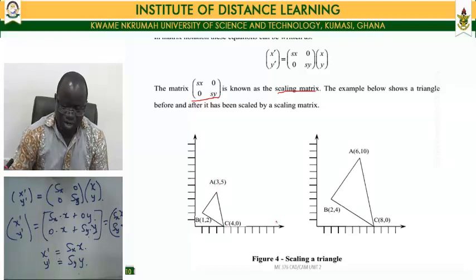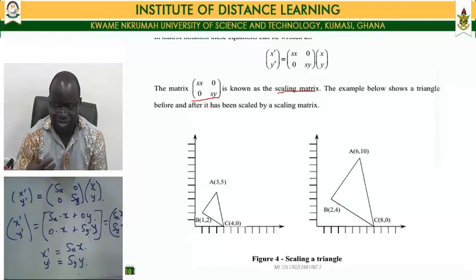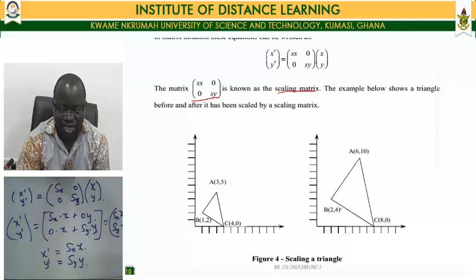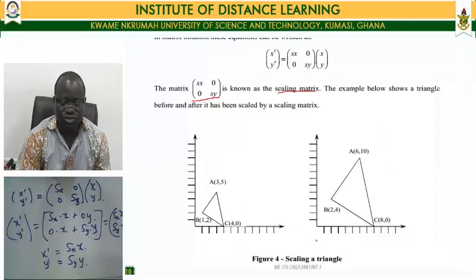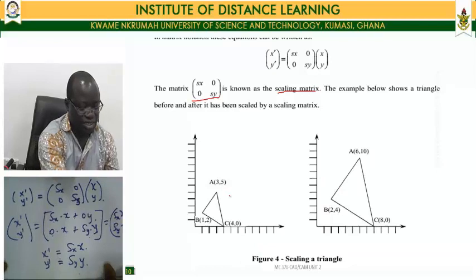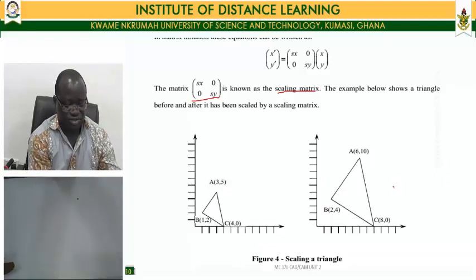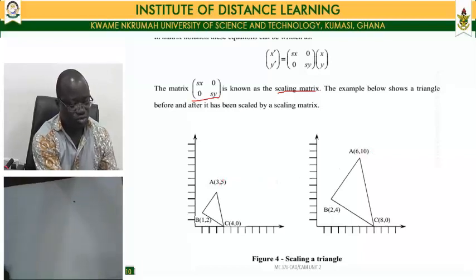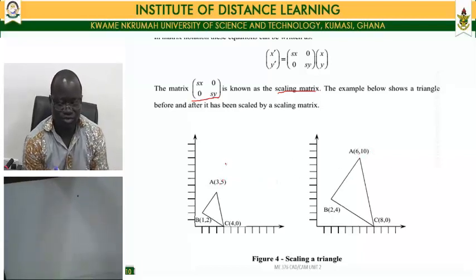Now, we can look at the scale factor in that matrix. You notice that the new A coordinates are 6, 10. So you could see that the x was multiplied by 2, and the y also by 2.